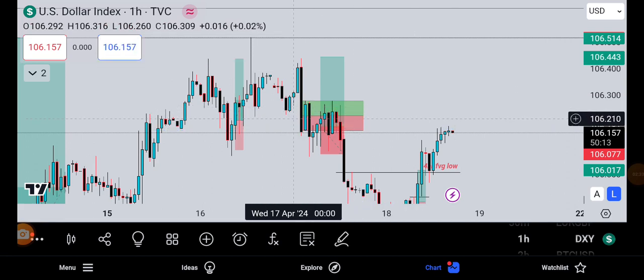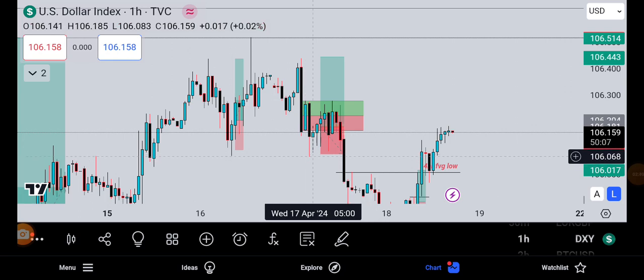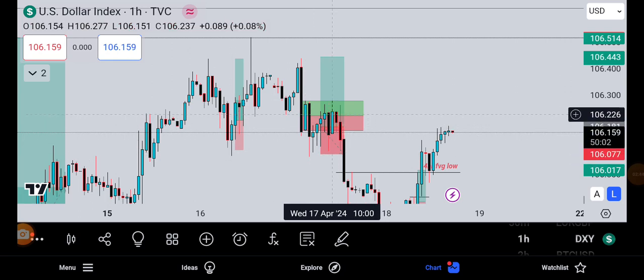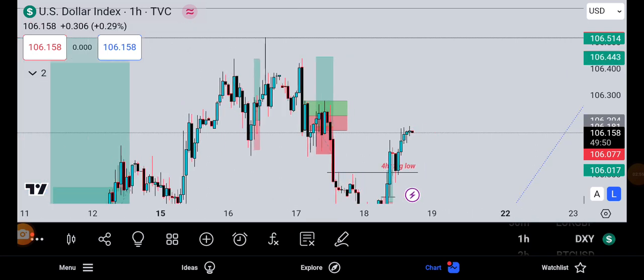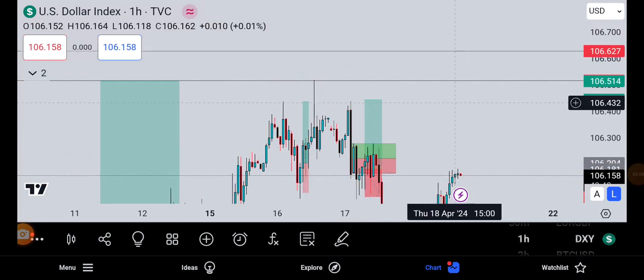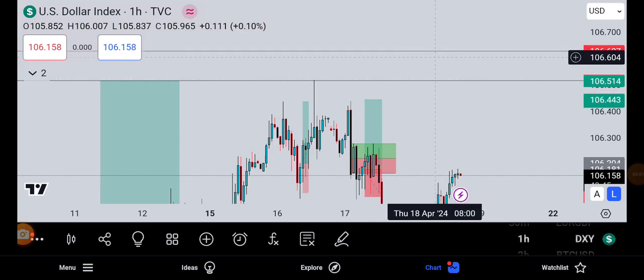What happened is we had these candles closing above, the other candle rallied lower, which didn't take this low, and then you can see this other candle also closed above the midpoint. And we have this high as the draw on liquidity.